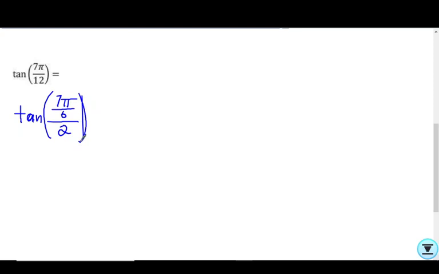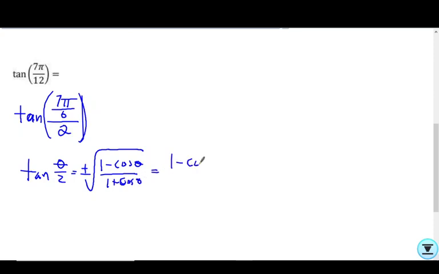And for the half angle identity for tangent, there are multiple ones. Okay? So tangent of theta over 2, you can either use the square root one, which is 1 minus cosine theta over 1 plus cosine theta, which is also equal to 1 minus cosine theta over sine theta, or you could use sine theta over 1 plus cosine theta, or you could use cosecant theta minus cotangent theta.